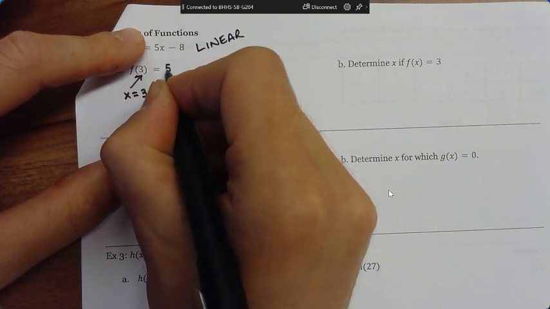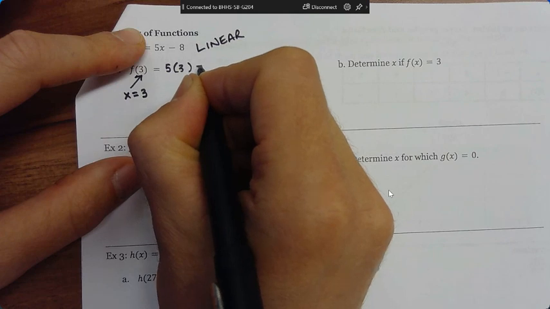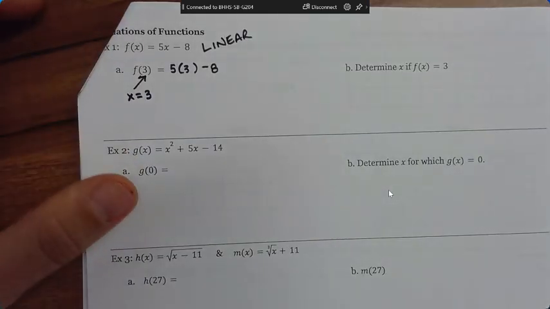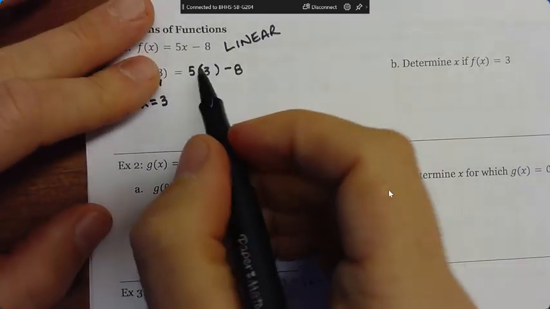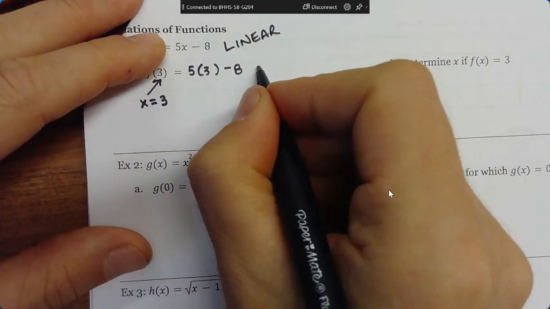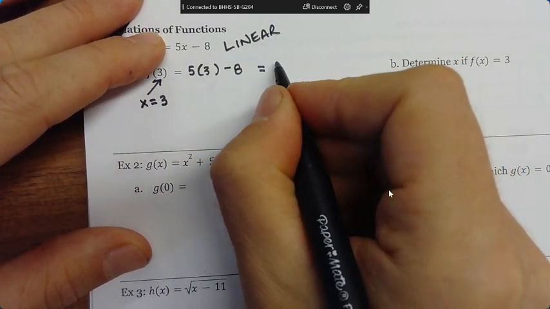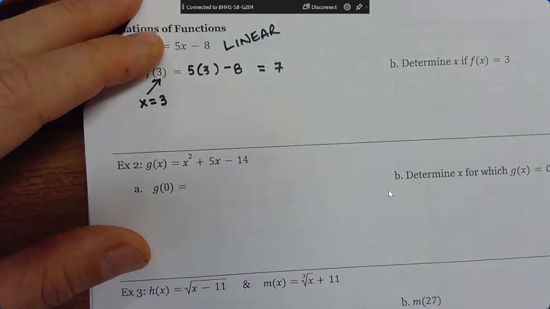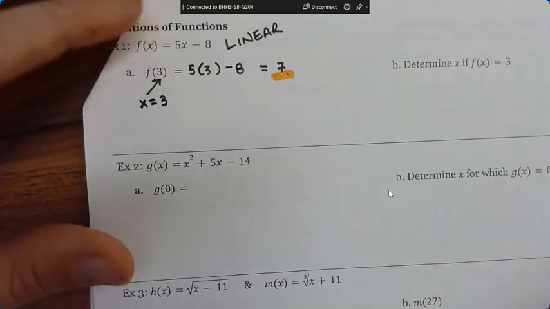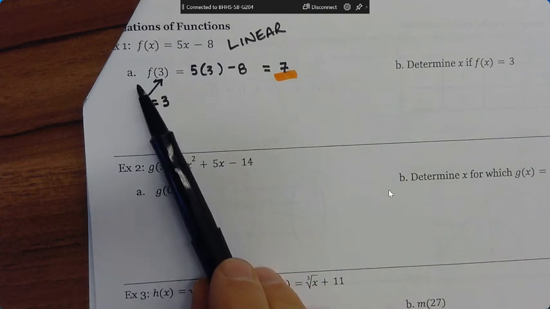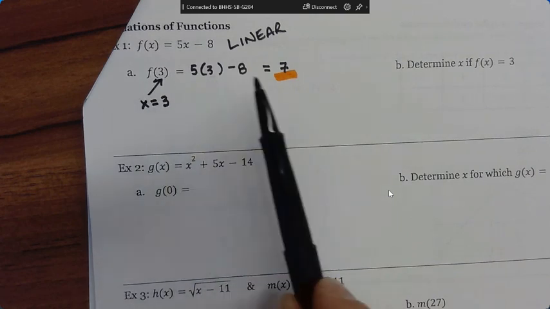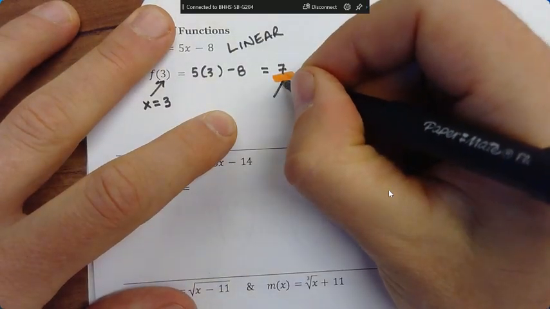I'm going to go 5 times 3 minus 8. Okay, I can handle that. And that would be 15 minus 8, which would give us 7. So if you see notation that looks like this, what's happening is that you're being given x, and you're coming up with the y value over here.